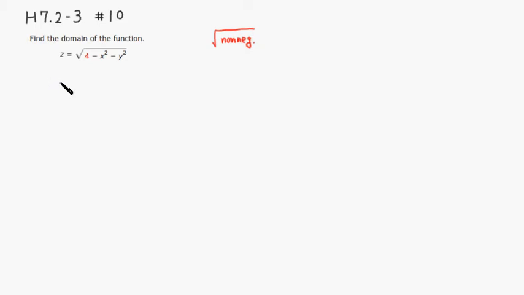So you would have 4 minus x squared minus y squared greater than or equal to 0. Then I would move x and y to the other side by adding x squared and y squared, so you get 4 is greater than or equal to x squared plus y squared.